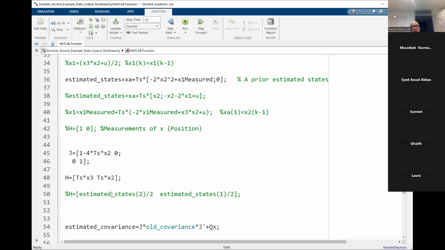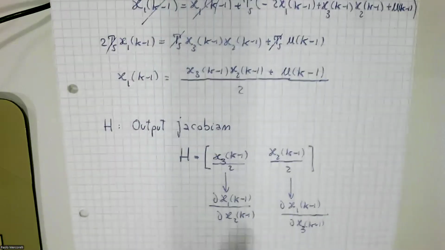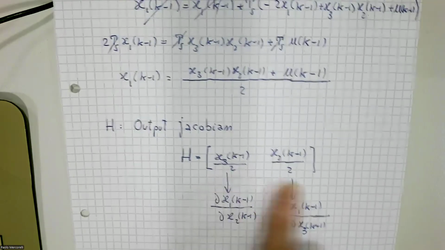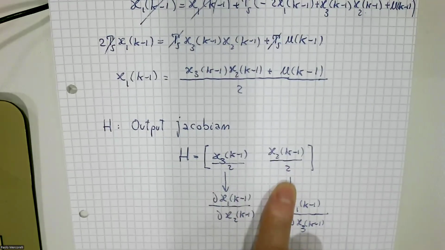I don't know if you remember this expression here, assuming that x1 of k is equal to x1 hat of k minus 1. I try to show you. x3 divided 2, x2 divided 2.